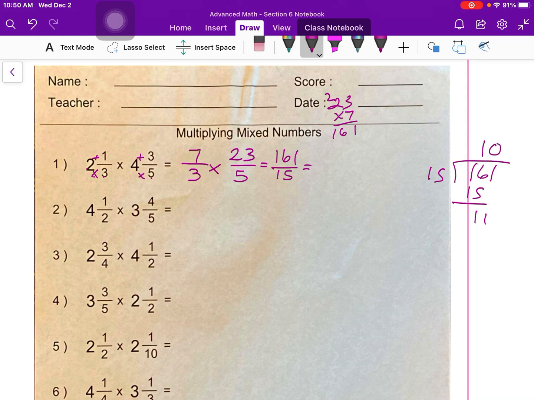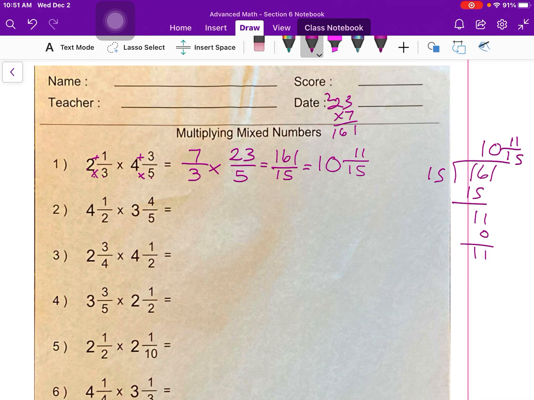Let's see, I'd have 111, so I think it would go in there 10 times, and I would have 11/15 as my remainder. Some of these can be kind of big ones.